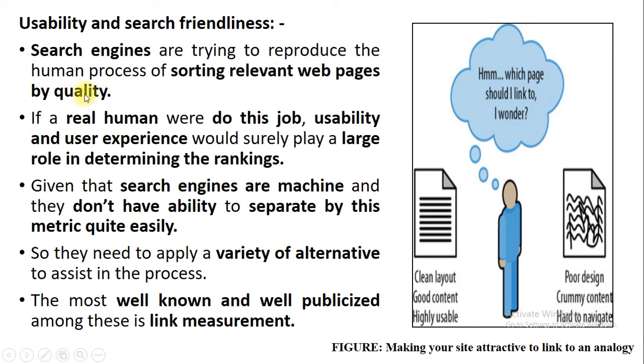If your web page contains good quality of content, it will be on the top, or the search engine keeps those pages on the top. And if your pages contain less relevant content, or do not contain good quality of content, search engines are not going to show those pages on the top.